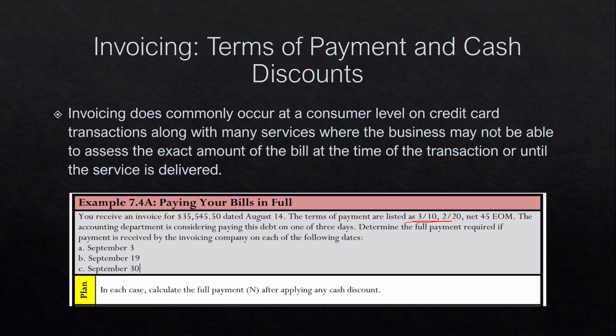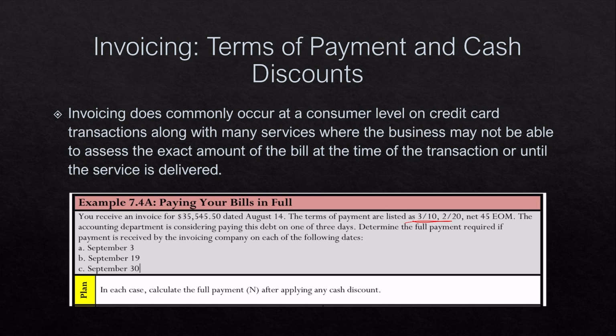So there are three options: you can pay within 10 days and get a 3% discount, pay within 20 days and get a 2% discount, or pay on the 45th day or within 45 days without any discount.